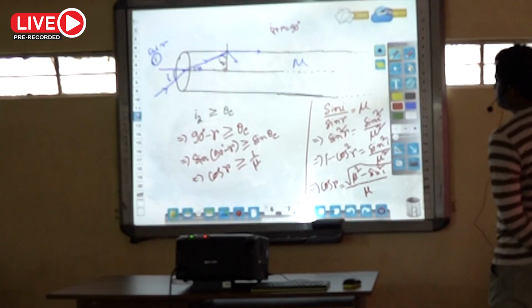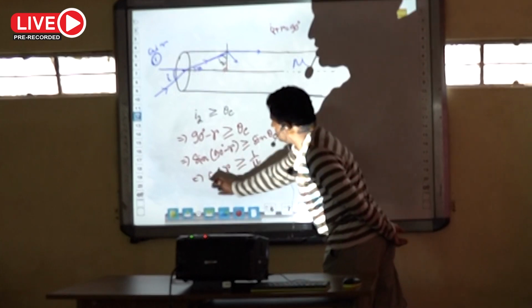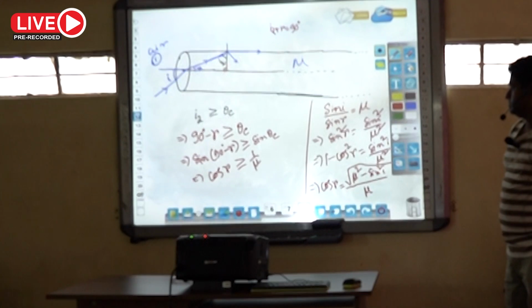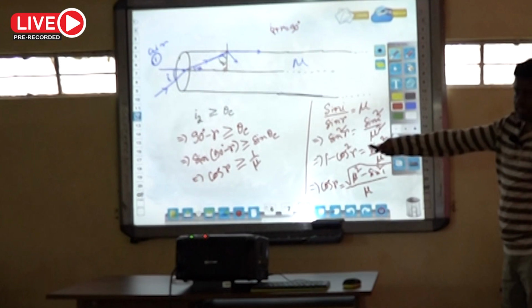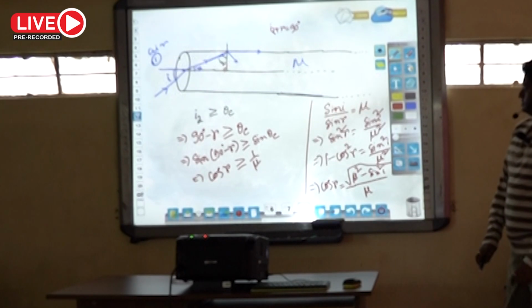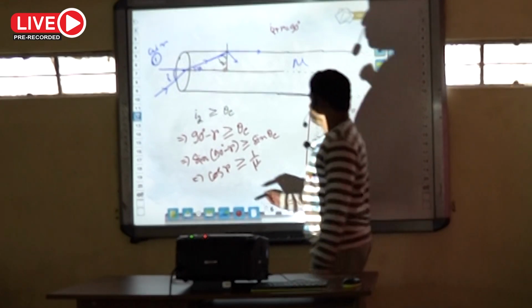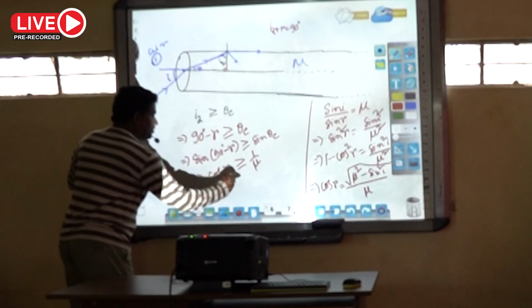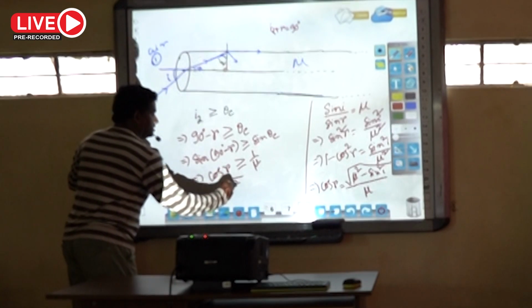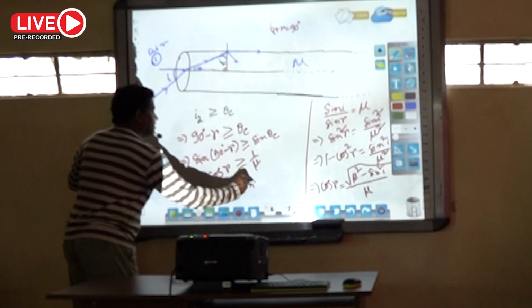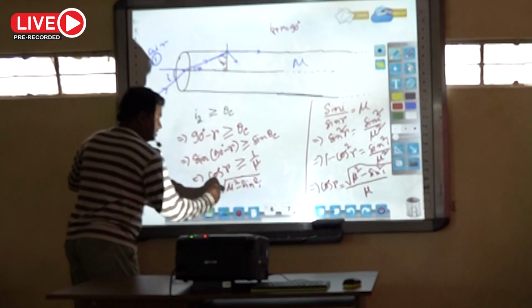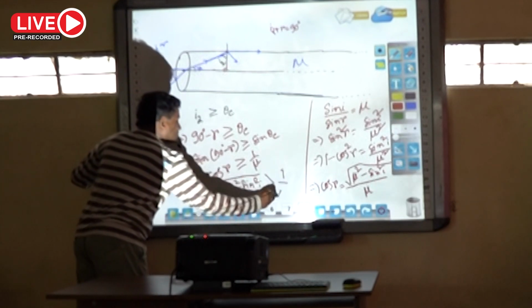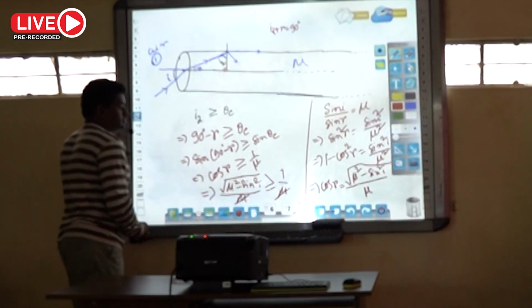Now put this value of cos R in that inequality. So it will become the root of mu square minus sin square I, divided by mu, greater than or equal to 1 by mu. So the mu's will cancel.